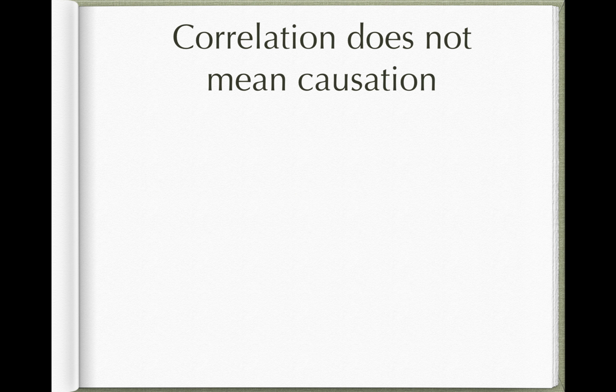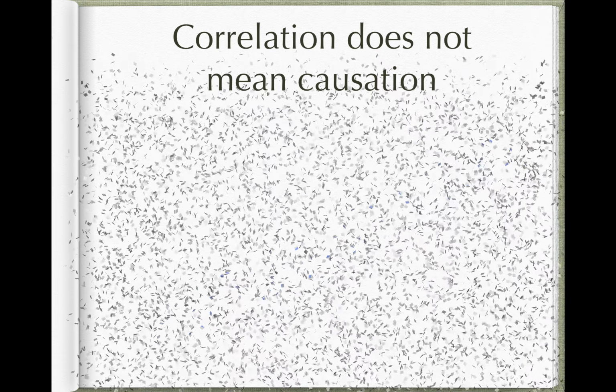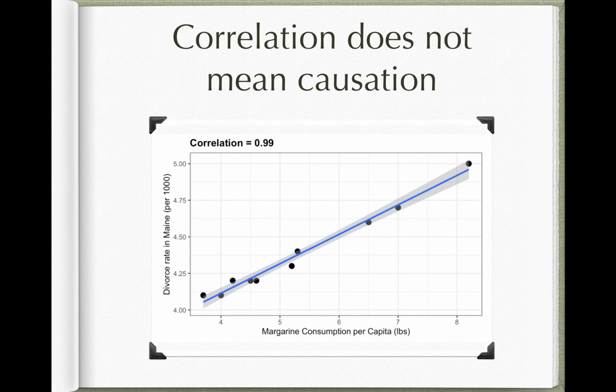But remember that correlation does not mean causation at all. Here in this diagram, you can see a nearly perfect positive correlation with a correlation coefficient of 0.99. But when you examine the variables, one variable is margarine consumption per capita and the other variable is divorce rate in Maine.